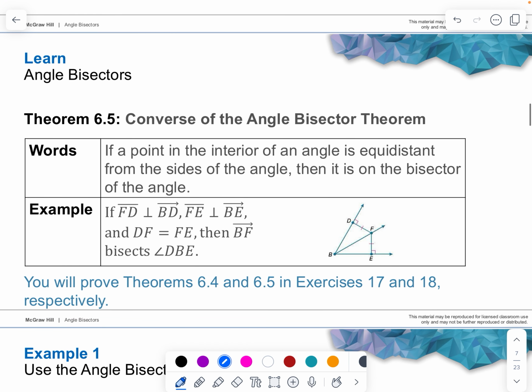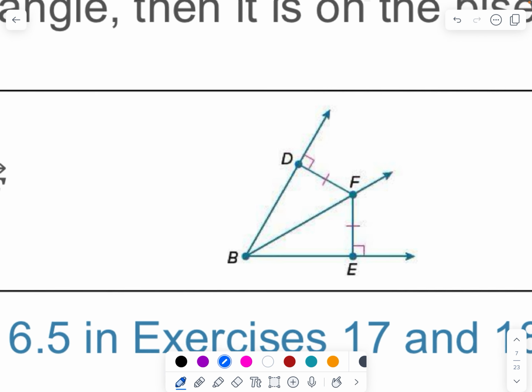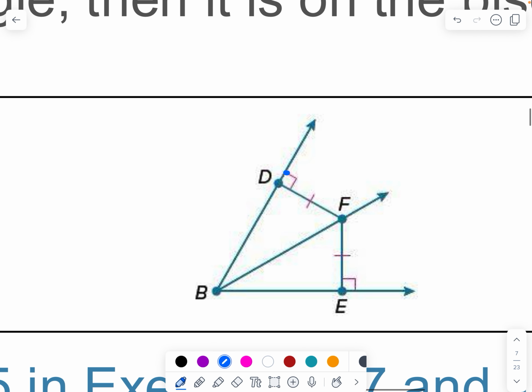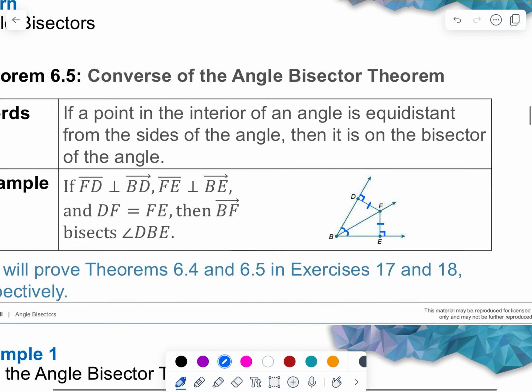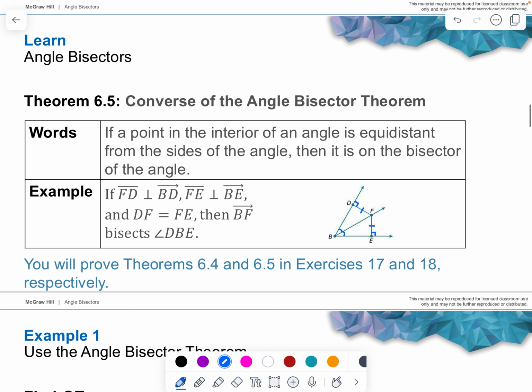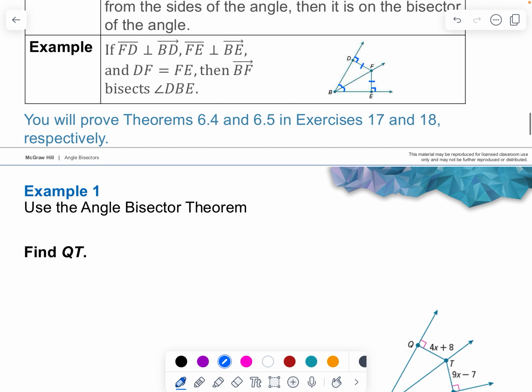Now the converse is if we see this scenario, if we see that these are perpendicular and that these are equal, then we can prove that we have angle bisectors. Okay? So we can go that backwards route.